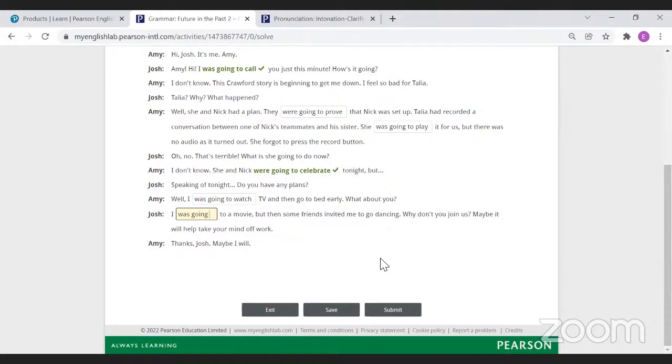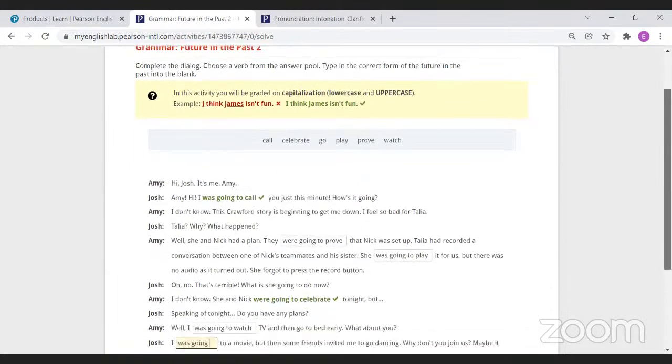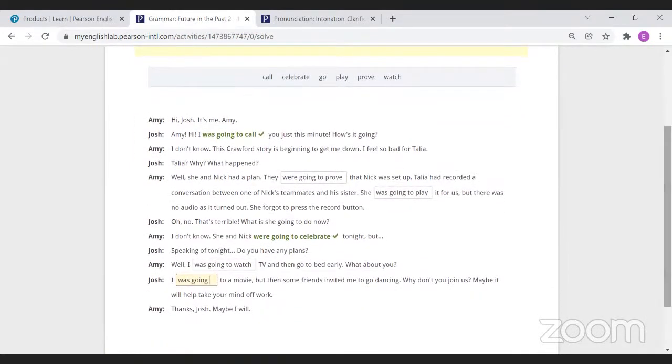Like this, teacher. Yes. But what is the verb that you are using in the last one? It's go. So I was going to go. Yes, I was going to go. Going to go, it is okay.